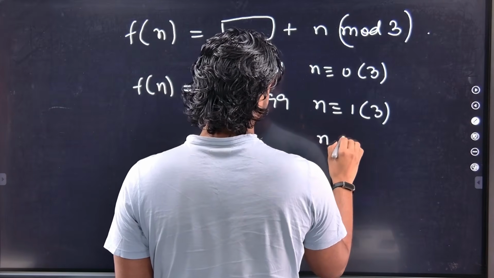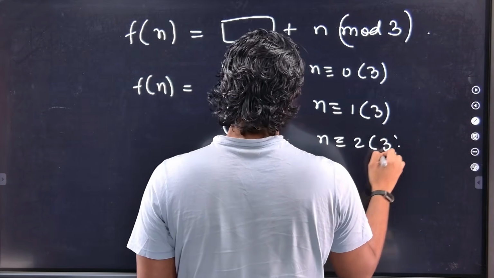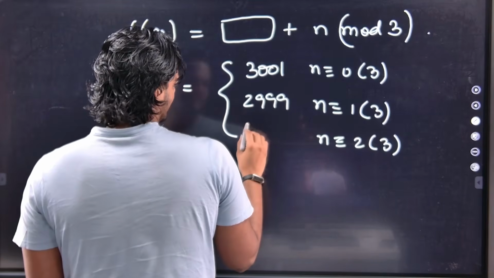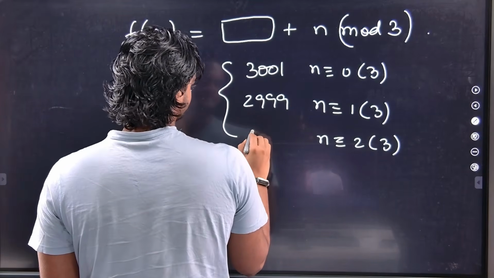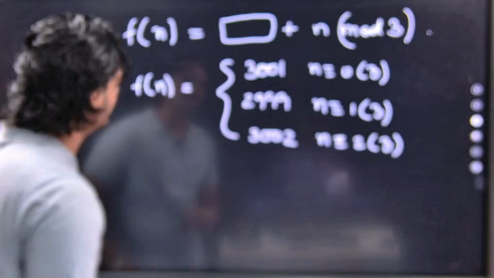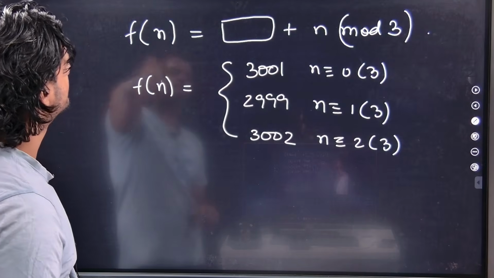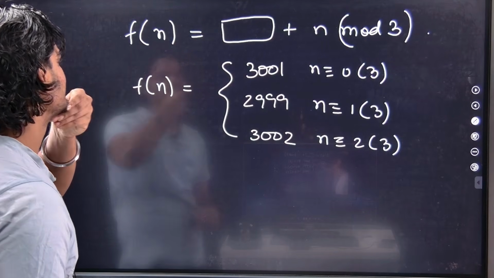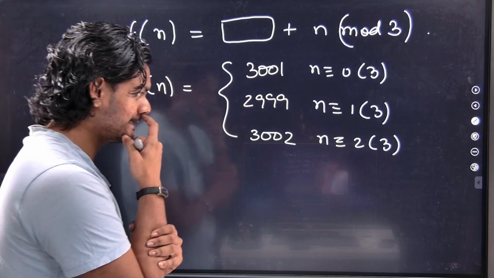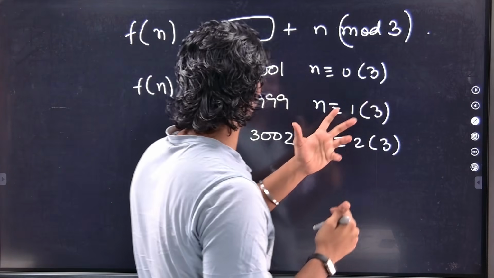And if it is 2 mod 3, you have 3002. Can I combine these things together? I don't know. You tell me in the comments. So this is the generalization.